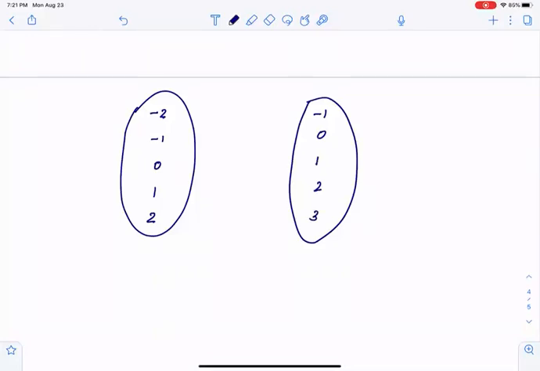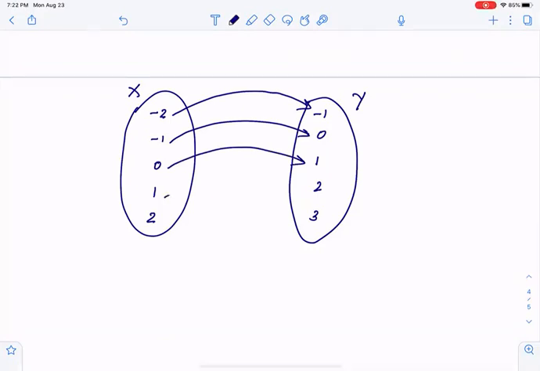Now, when I plugged in -2, the value was -1, so x, y, they are related. When I plugged in -1, I got y to be 0. When I plugged in 0, I got 1. When I plugged in 1, I got 2. And when I plugged in 2, I got 3.